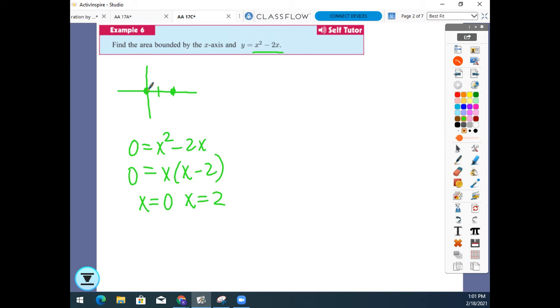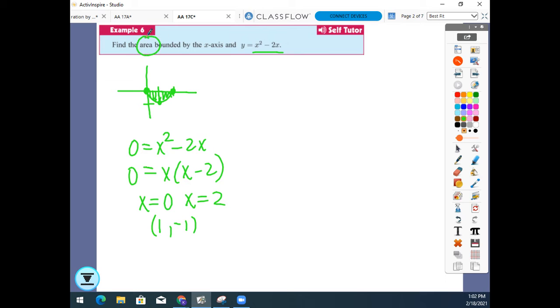So let's just figure out where the graph is at 1. If I plug 1 into the equation, I get 1 minus 2, which is -1. So here is my parabola. See how the area is below the x-axis.